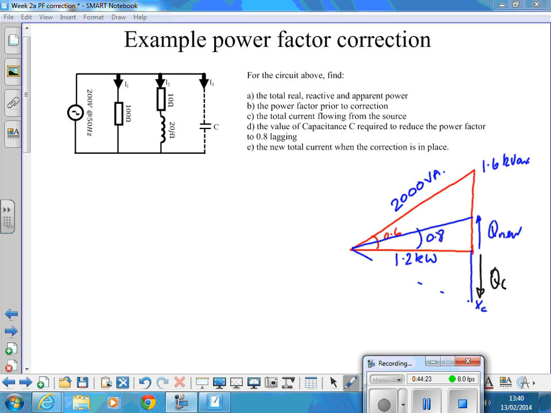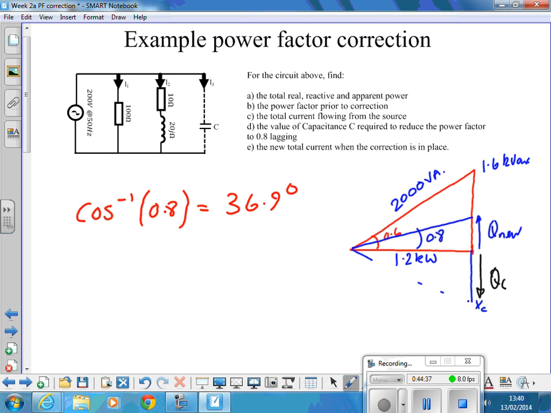Yeah. .36 point. Yeah, so that's the new power factor we want. And then how have you used that to find out what Q new is?